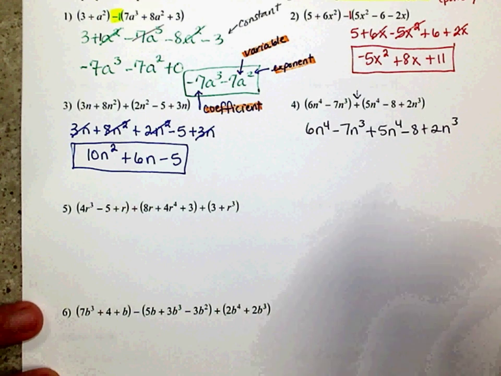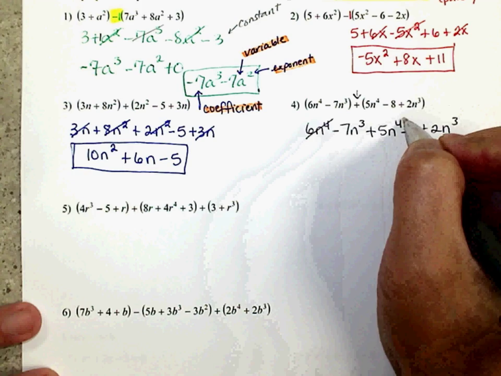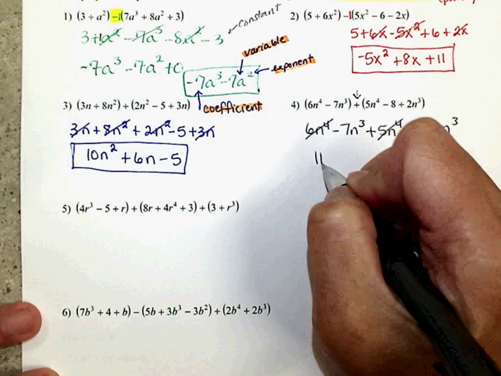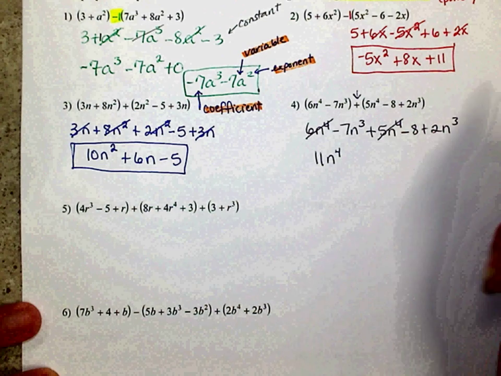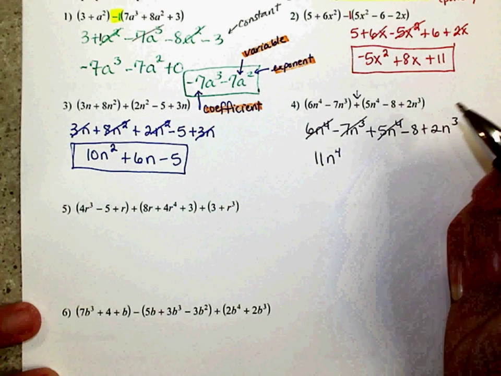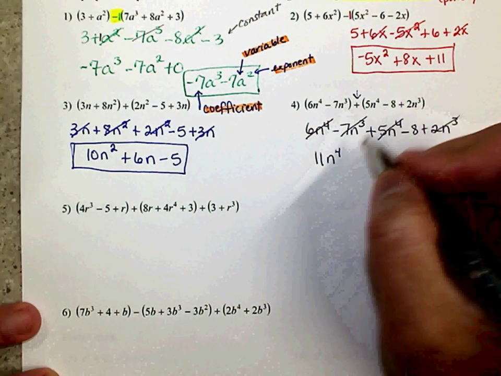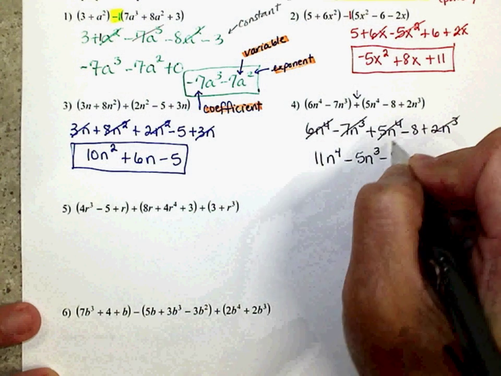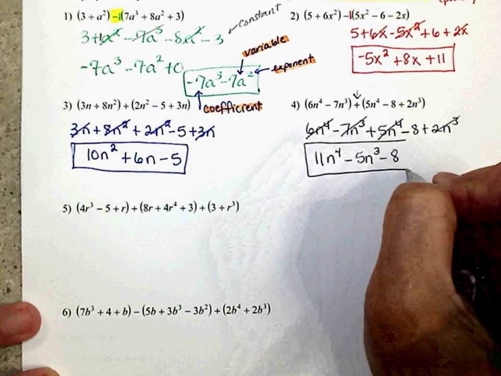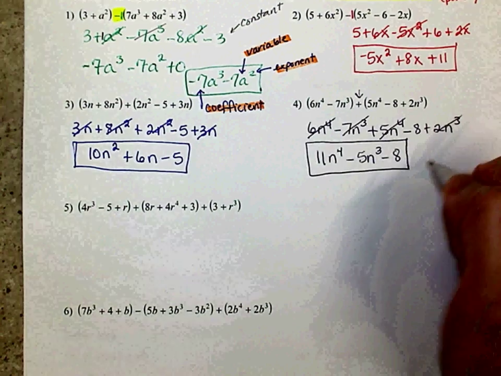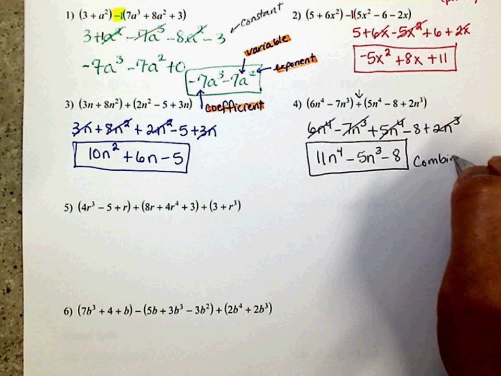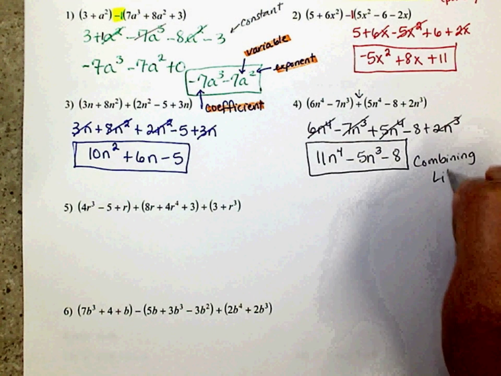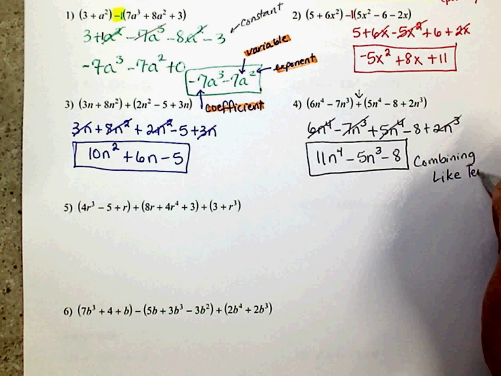So you have 6n to the 4th plus 5n to the 4th is 11n to the 4th. Negative 7n cubed plus 2n cubed is negative 5n cubed. And then you have your negative 8. Combining like terms means they look alike.